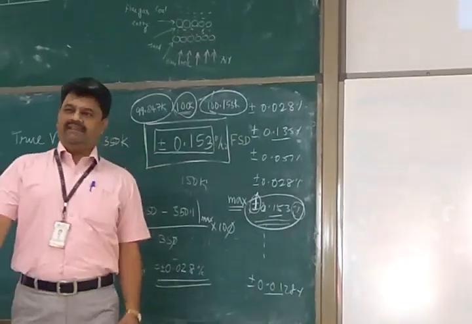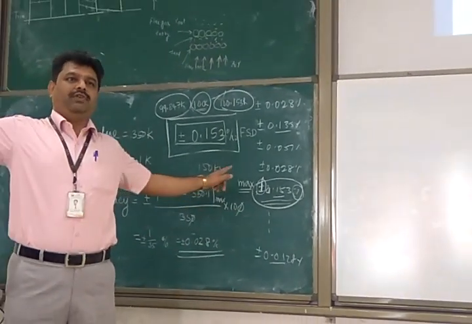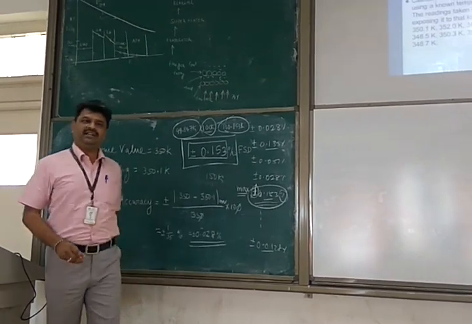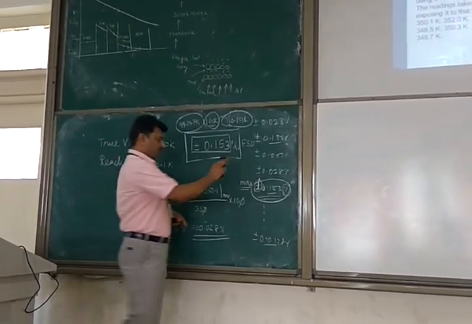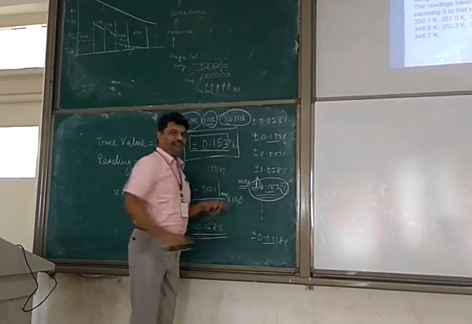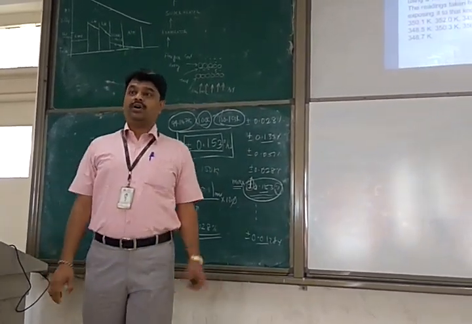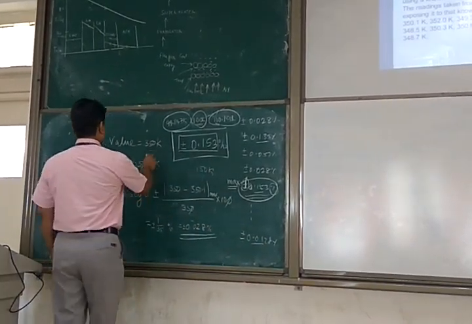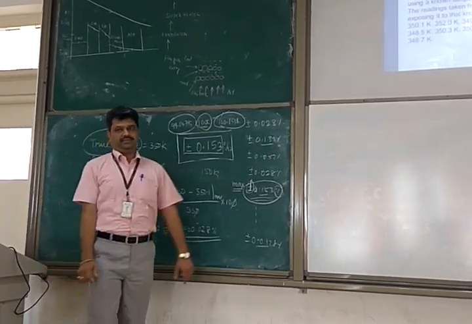FSD is a well-known acronym, so you can write FSD. But here we have used true value, so you should not write FSD. If you use FSD, again it is wrong, because here our reference value is true value. We have used true value as the reference.